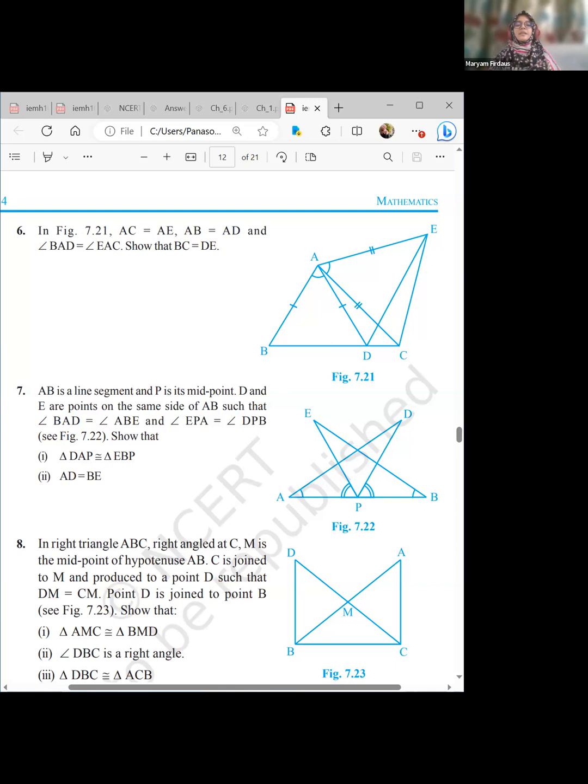Anything else is given in the question? Are we missing some piece of information over here? Some clues that we can use to find what we need? D and E are on the same side. Yeah, so what does that do?